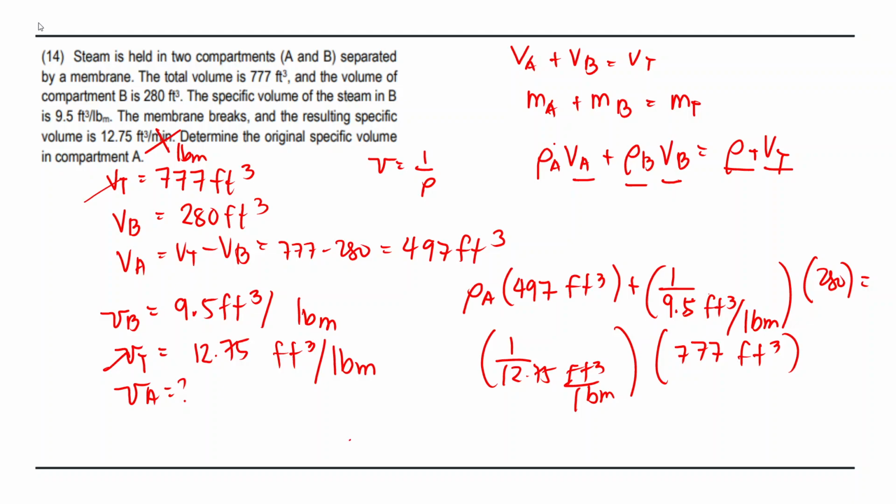Okay, so the density is equivalent to 1 over 9.5, 280.